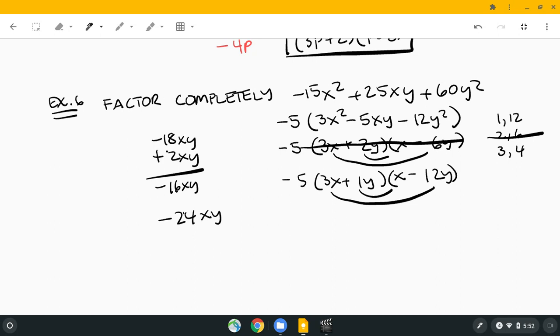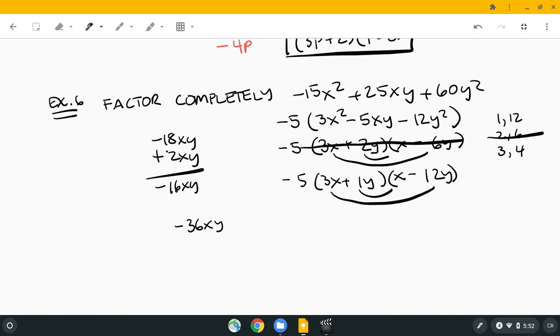Hold on a second. Which one am I doing? 1 and 12. 3 times 12 is not 24. That's where I messed up. 3 times 12 is negative 36xy.